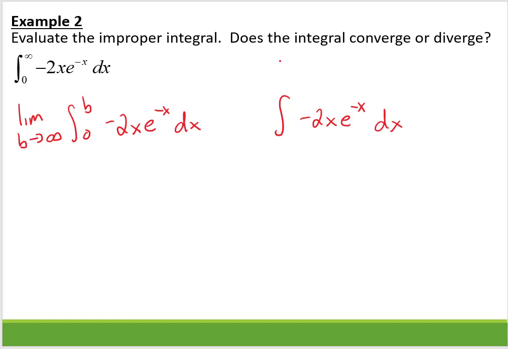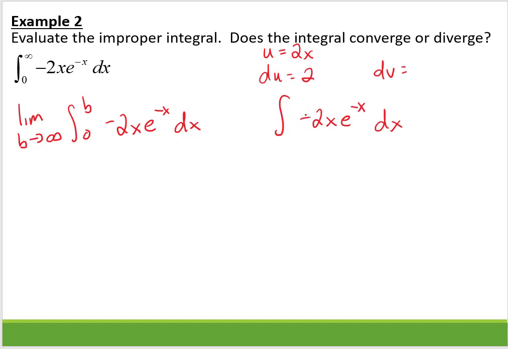That's an integration by parts. So u and dv. Remembering to pick my u, algebraic is the one that I need to pick. So I'm going to pick my u to be 2x. And I'll explain to you guys why I picked that in a minute. So my du is 2.